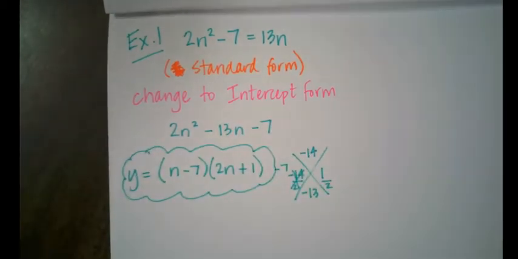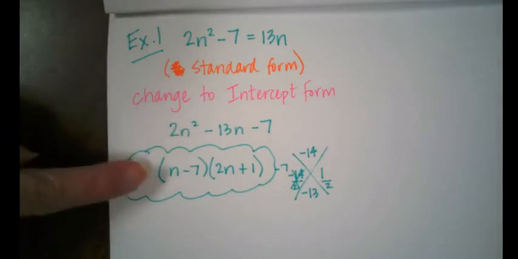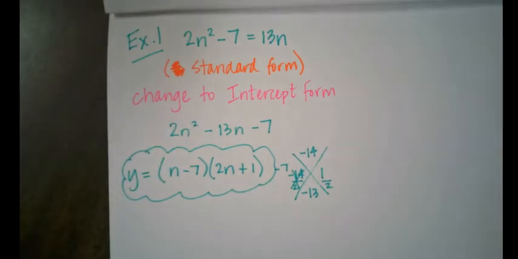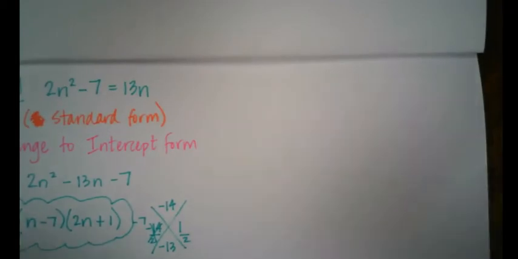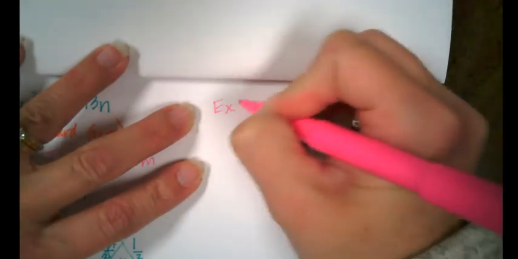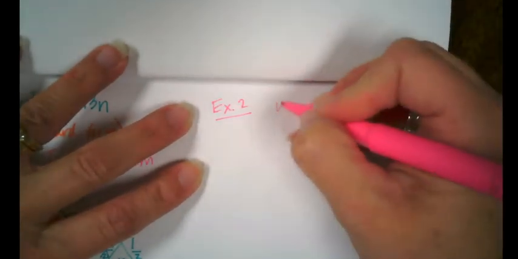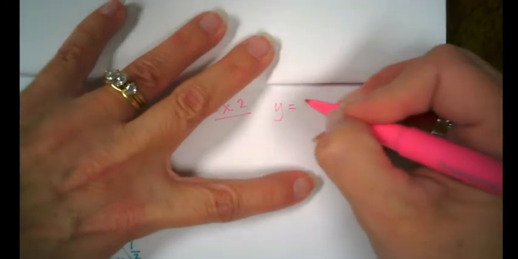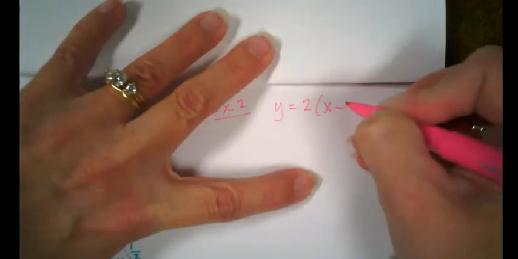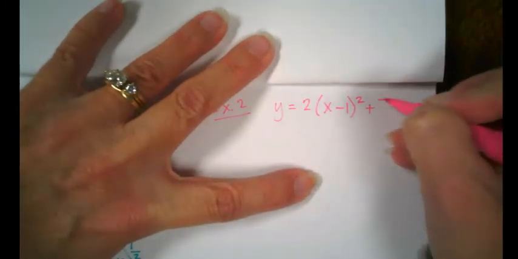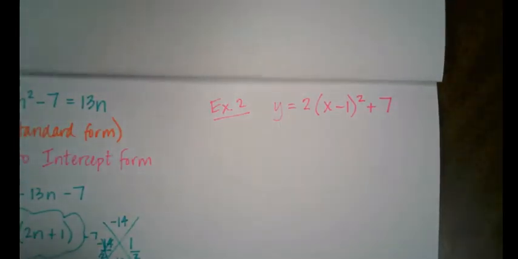So to get intercept form, all we have to do is factor. So we started with standard form, we changed it to intercept form. All right, for example 2. I'm going to try and not mess this up and give you the answer here. So example 2, I'm going to give you this. All right, so I want you to think for a second what form this is in.